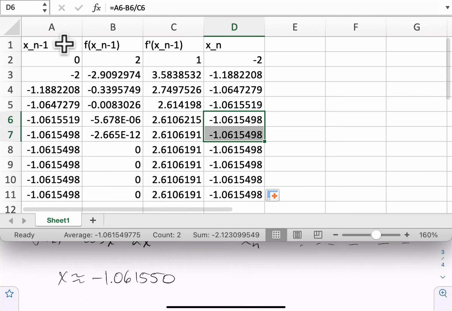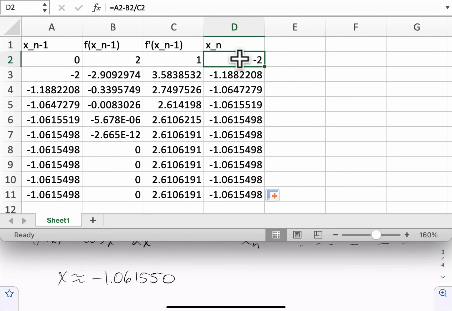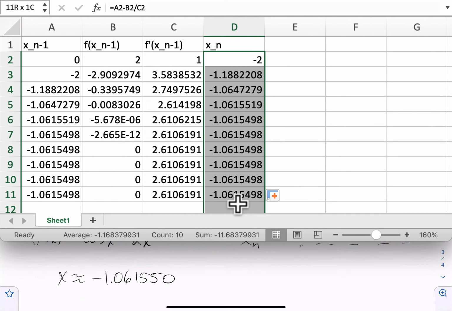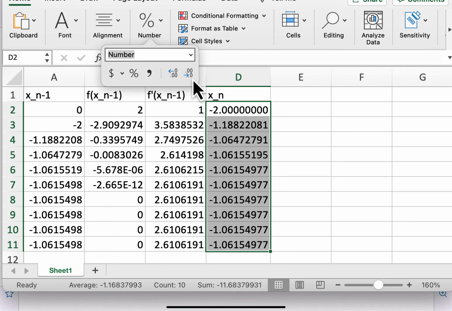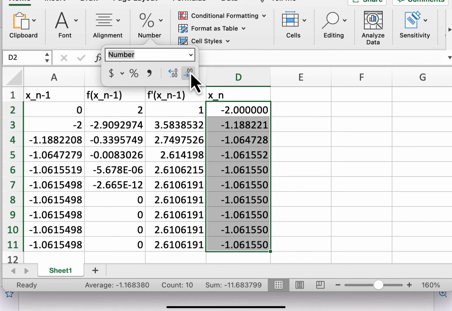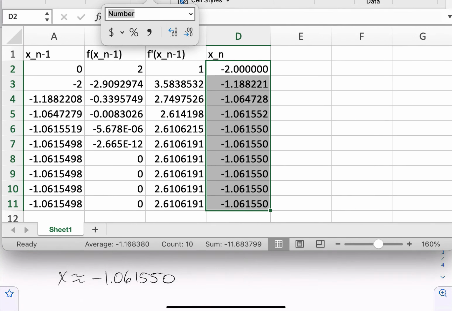I'm rounding to 6 decimal places. If we want to, we can have Excel actually do the rounding to whatever number of decimal places we want. By just clicking here, we're going to decrease the number of decimal places until we have 6, and then I don't have to do any really thinking.